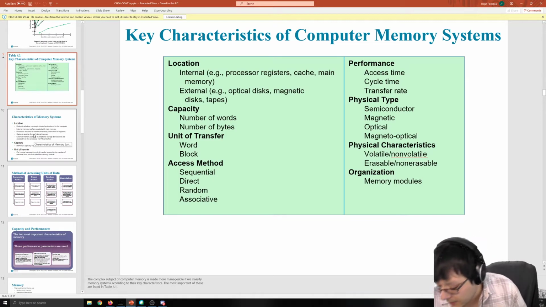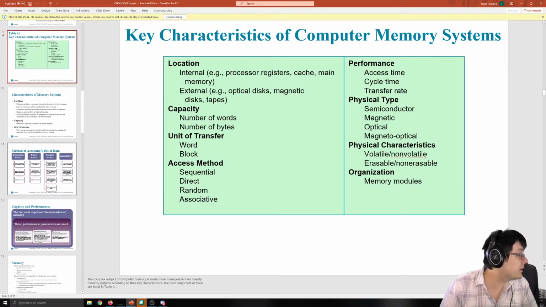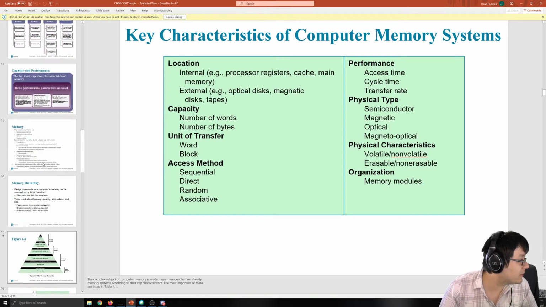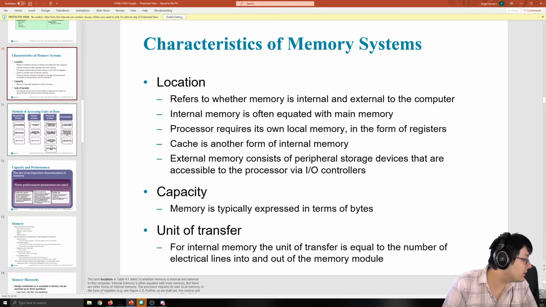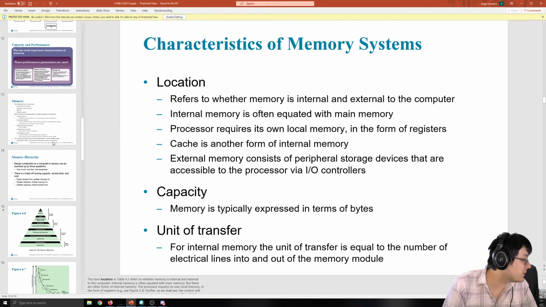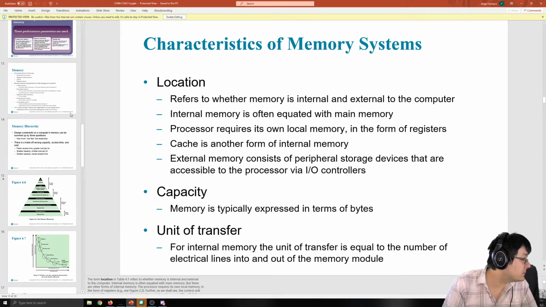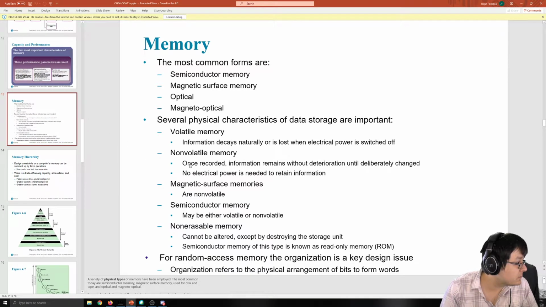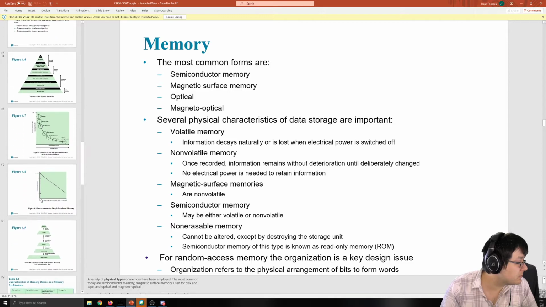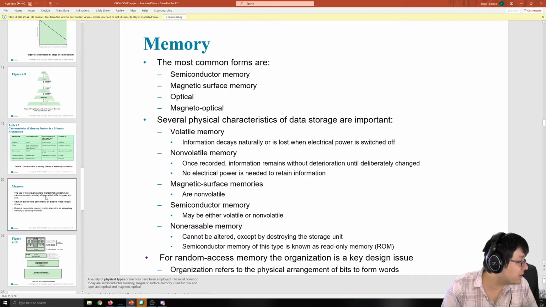I suppose transfer rate. We should talk about a little formula there. I'm sure the TA will go over an example with that, but let's see if it's here. I don't think they have the formula here.